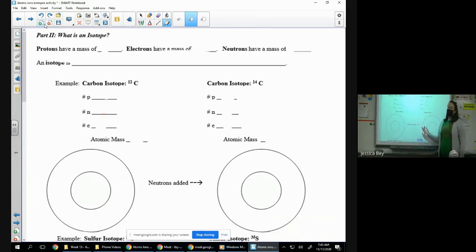This is now on the inside going to compare isotopes of each other. So remember, protons have a mass of 1, electrons have a mass of 0, neutrons have a mass of 1.